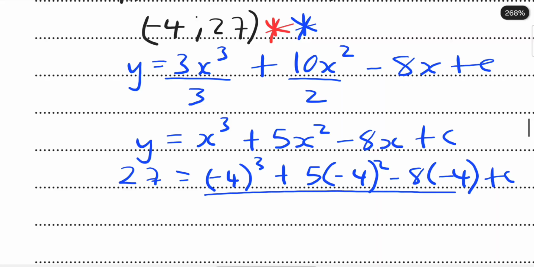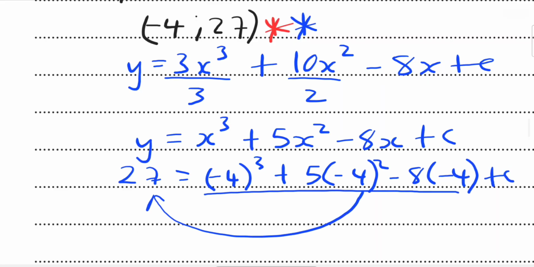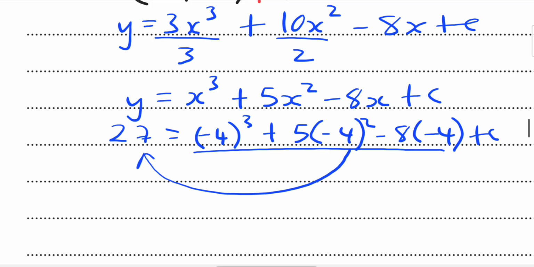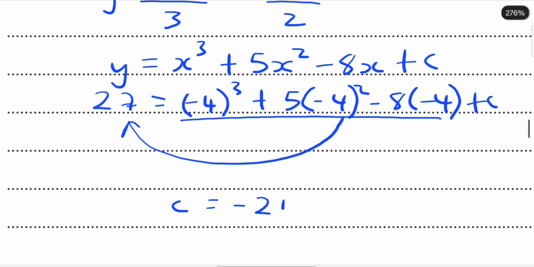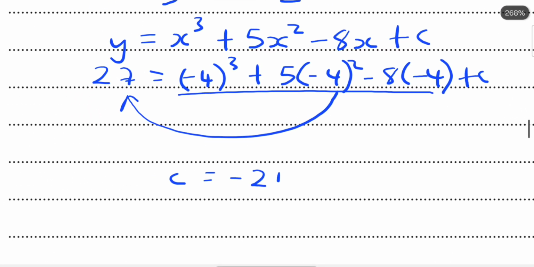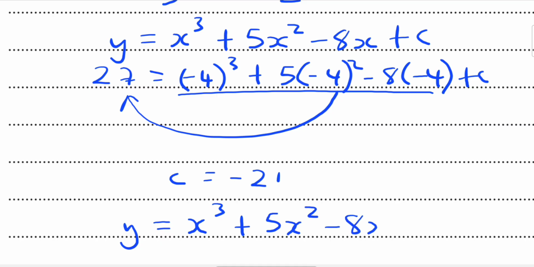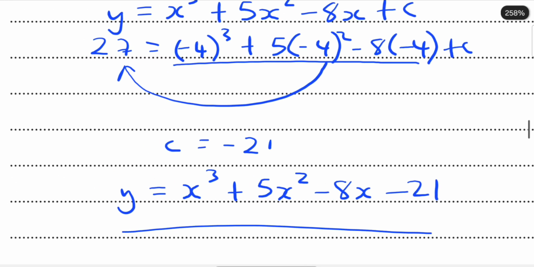So we're going to take all this to the left hand side so that we get c, and doing that in our calculators, we get our c to be minus 21, right? So from here we can safely write the equation. It'll be y equals x to the power 3 plus 5x squared minus 8x minus 21, right? And that will be the equation for the curve.